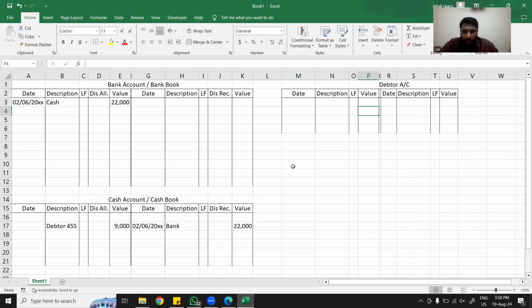So cash account debit, debtor account credit 9,000.